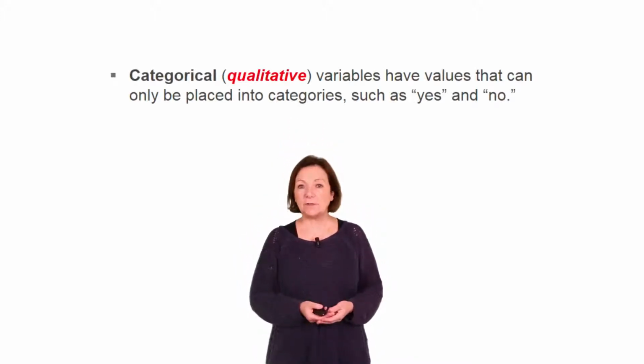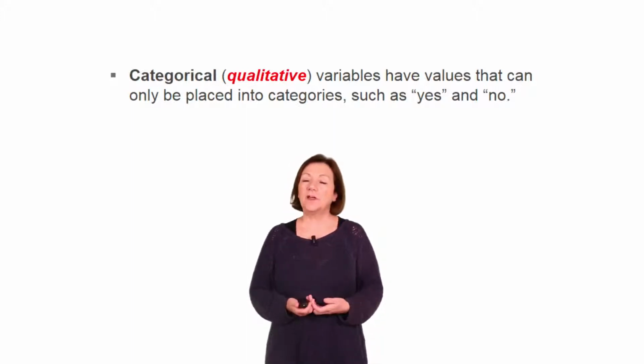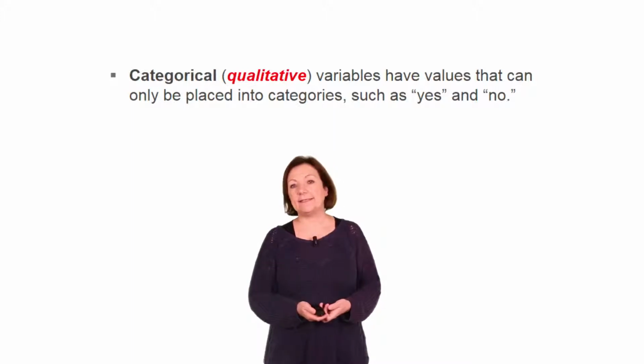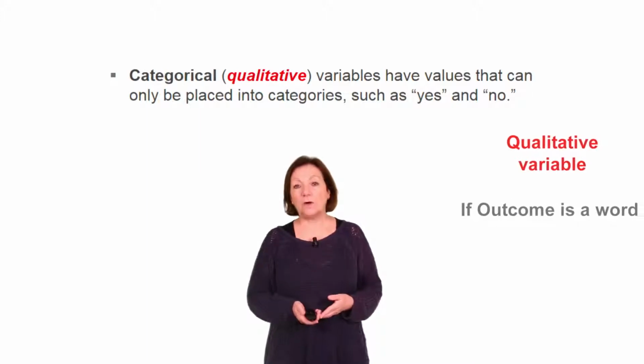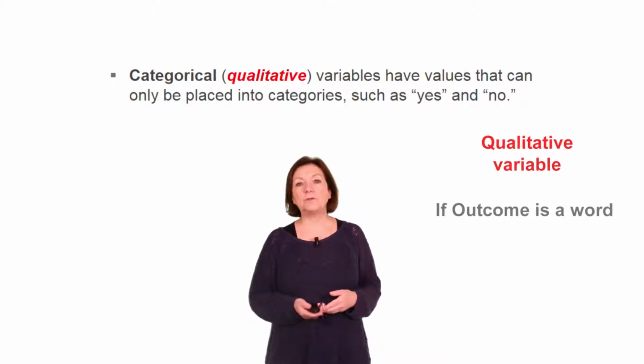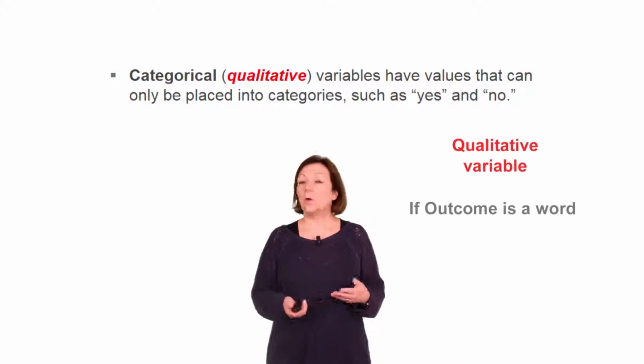The first type is called categorical variables. Categorical variables are also called qualitative variables. They have values that can be placed into categories. But more importantly, the outcomes of categorical variables are words or concepts.